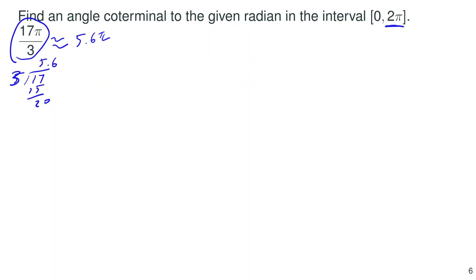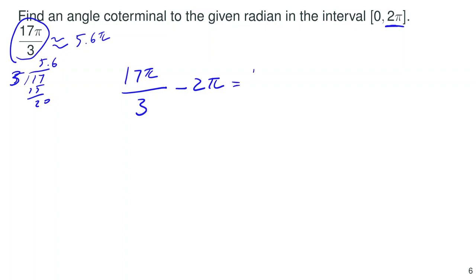So what we have to do is subtract a full rotation until we get an angle between 0 and 2 pi. We start from 17 pi over 3, and we subtract 2 pi, because 2 pi is a full rotation in radians. In order to subtract these two numbers, we have to have a common denominator.